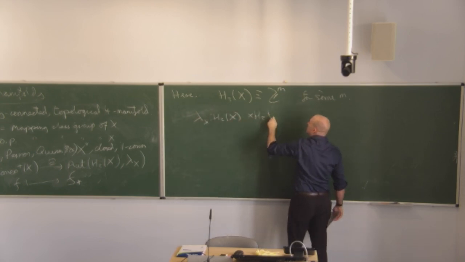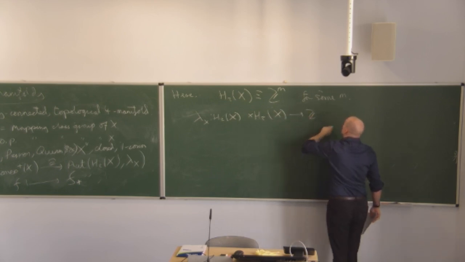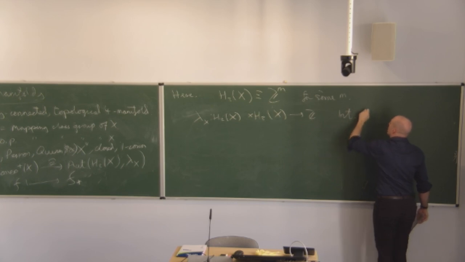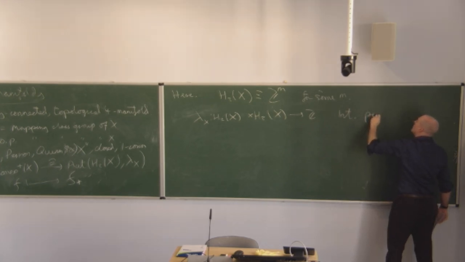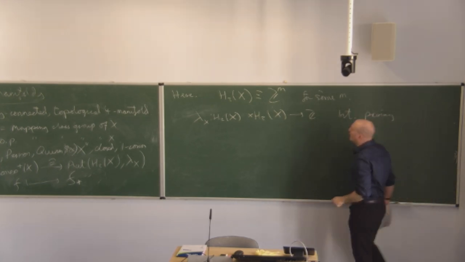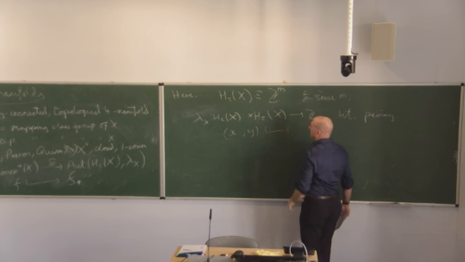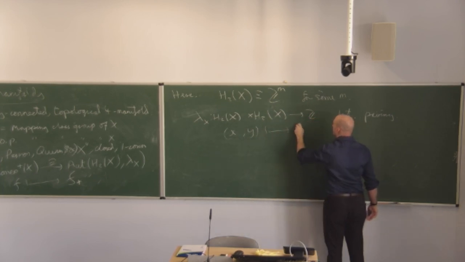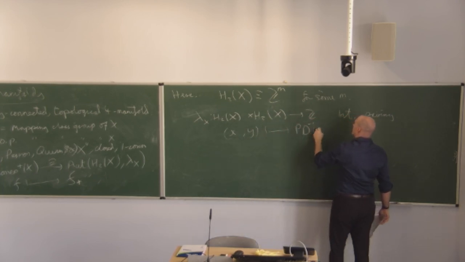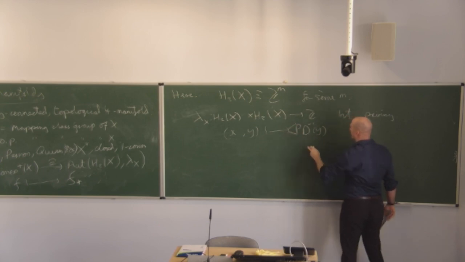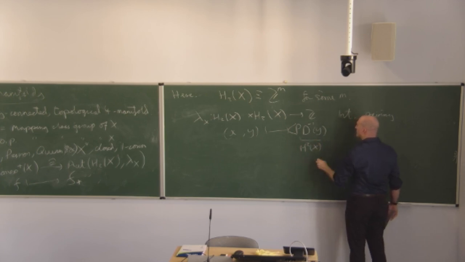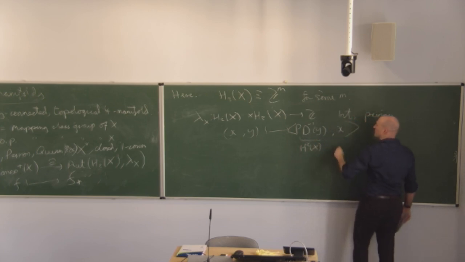I said that in words, but this is the intersection pairing. What I do is take two classes x and y, and the quickest way of writing it down is to take the Poincare duality inverse of y, which gives me an element in H upper 2 of X, and then I pair it with x.